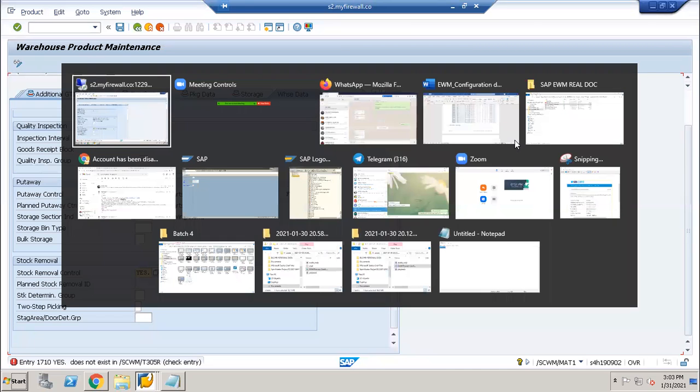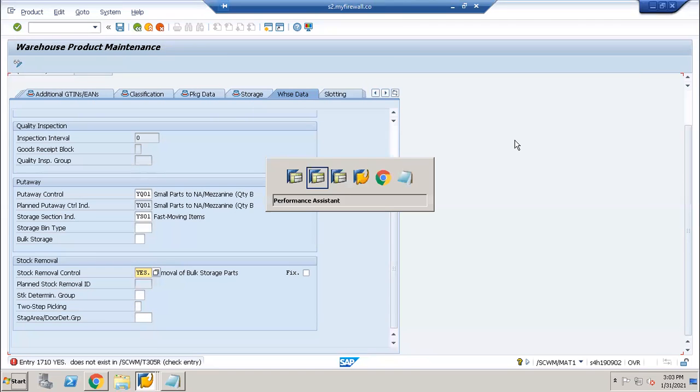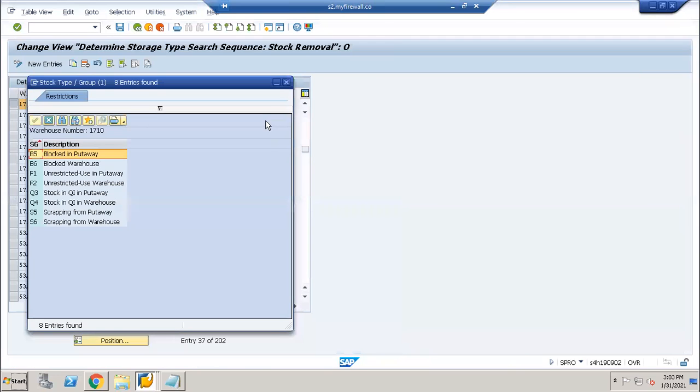All these combinations and permutations are in this particular setting. For blocked stock, sometimes we do a picking strategy for blocked stock. Sometimes we have a strategy for quality stock from one storage type to another storage type. We can do that from here also.